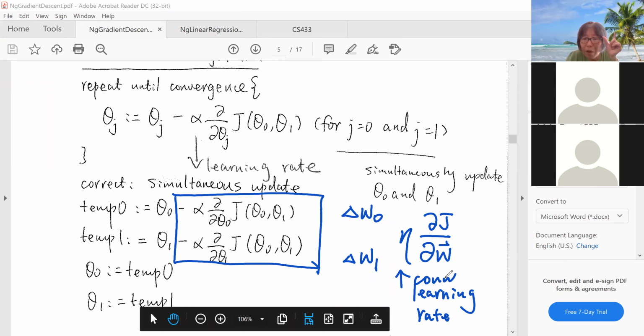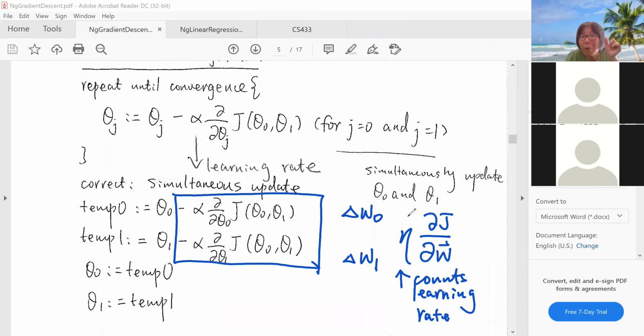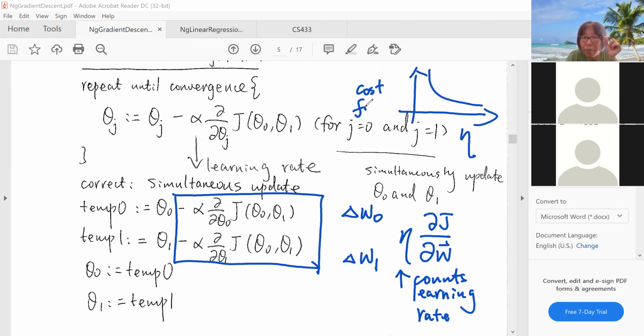So it also counts on learning rate. So how do we pick the best learning rate? I remember previously we also saw the example. Suppose you draw a value. Here is a learning rate, here is a cost function.